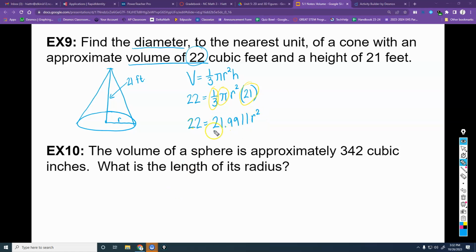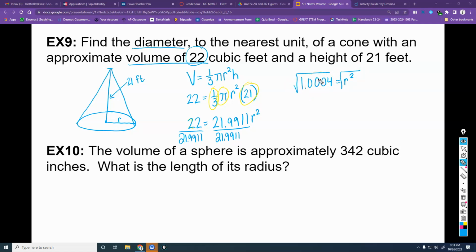So if we're solving this, we need to divide by that 21.9911. And so if we divide there, we get 1.0004 equals the radius squared. And then to get rid of that square, we just take the square root.